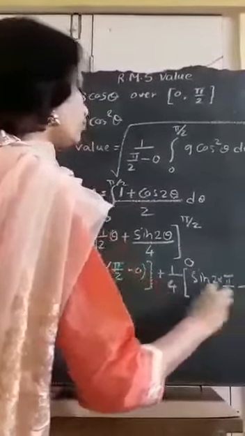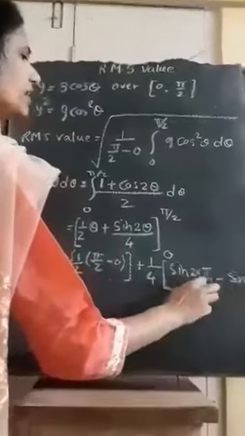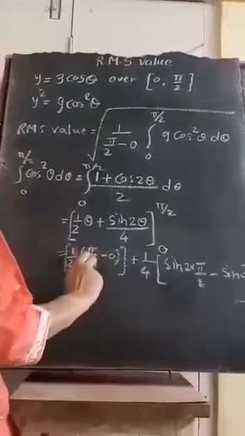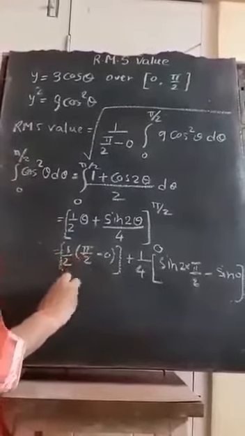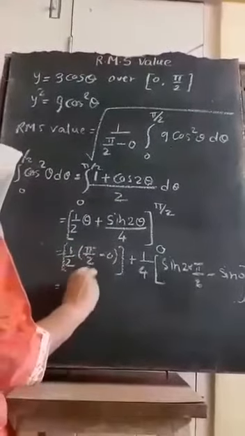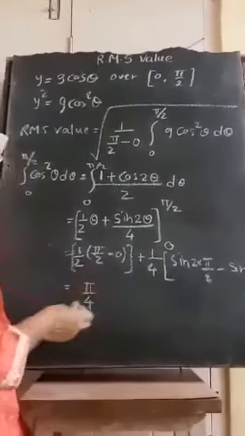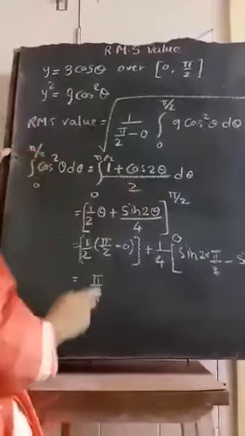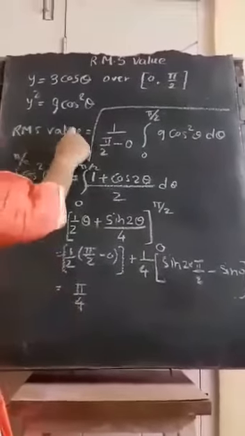But as I have told, what will happen to the sine? It will become sine pi and sine 0. So this part will go and you will get only answer pi by 4. What is answer? Pi by 4. This is answer of what? This integration part.